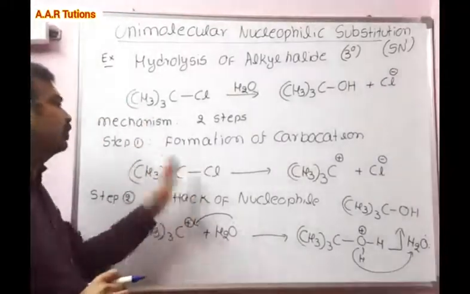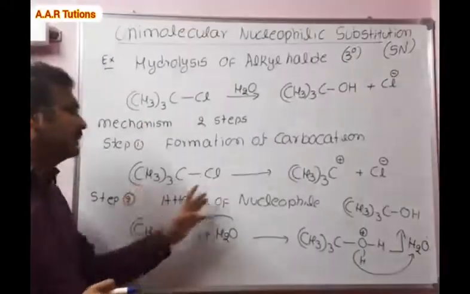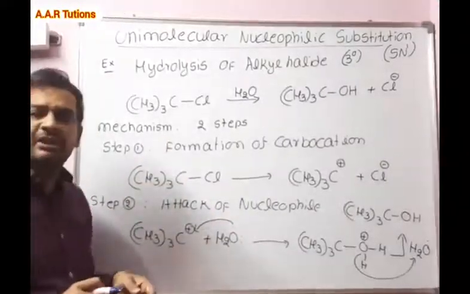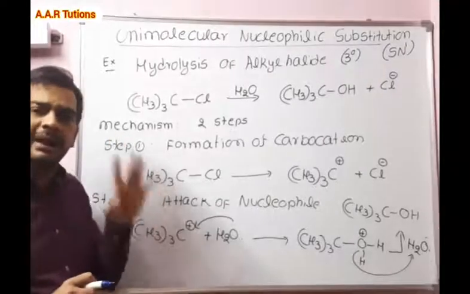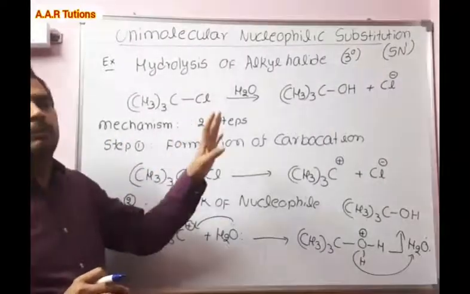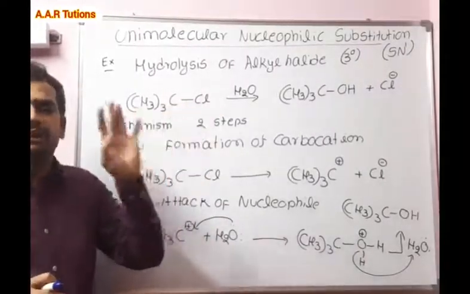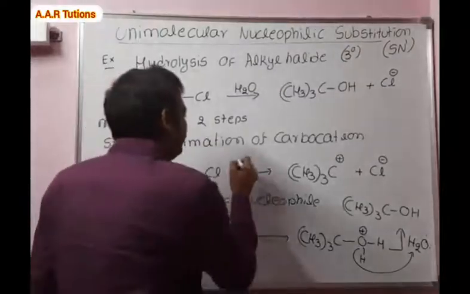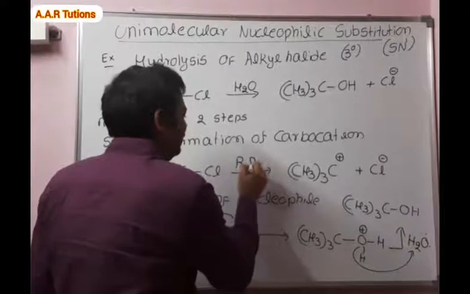Because it involves a two-step mechanism, with formation of carbocation as the intermediate. The reaction in which carbocation is formed as an intermediate is said to be unimolecular nucleophilic substitution reaction. See, in these two steps, the first step is the rate determining step.